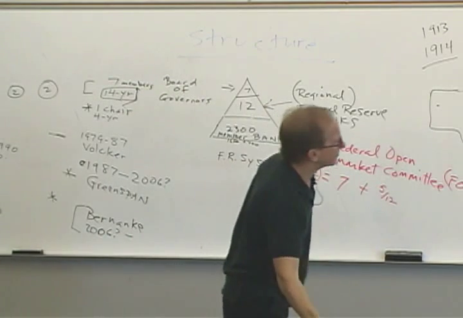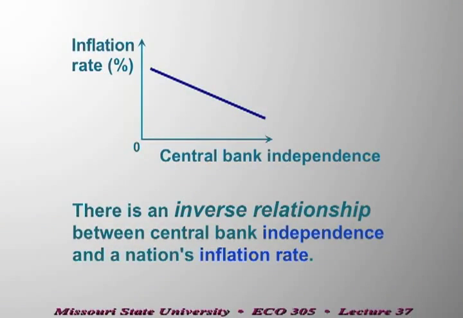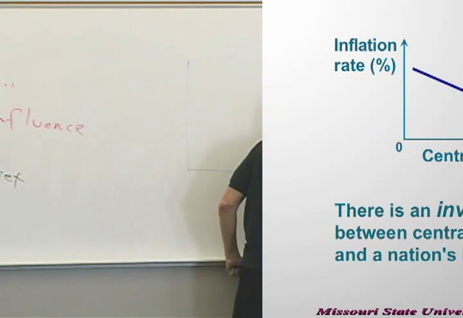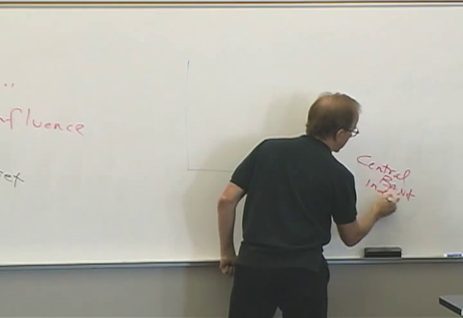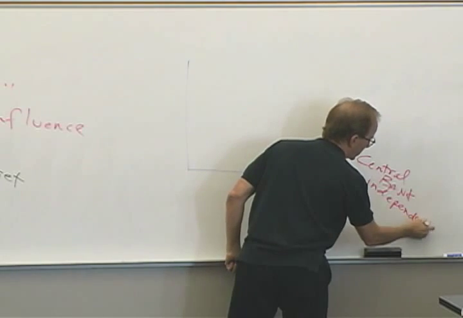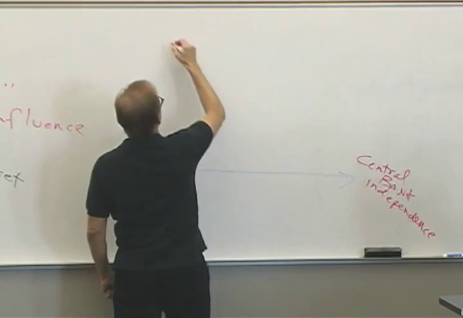Here's what we find out. In a big study that's been done over many, many years and over many, many countries, what we find out is that there's this relationship between central bank independence and inflation.